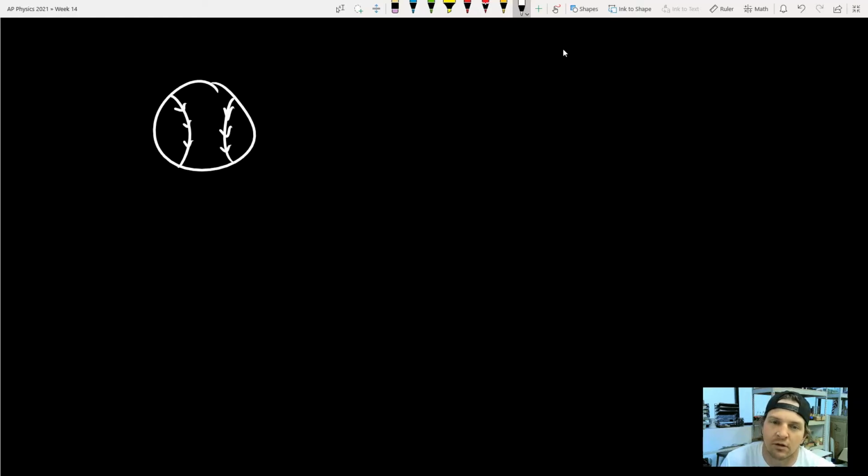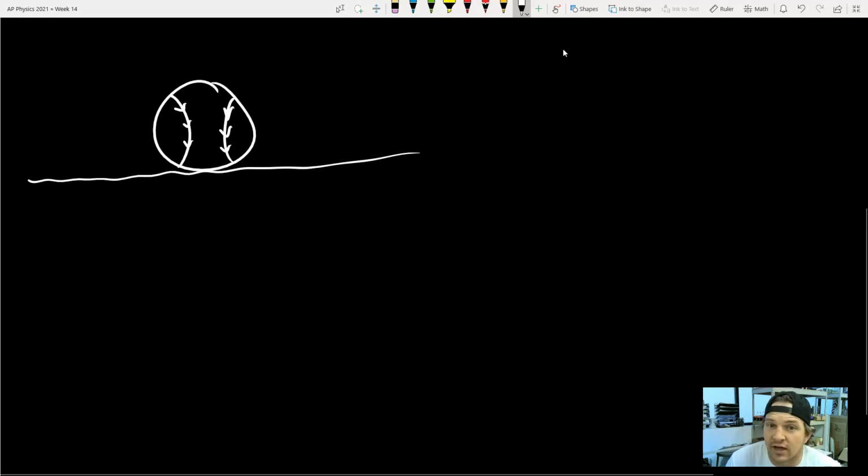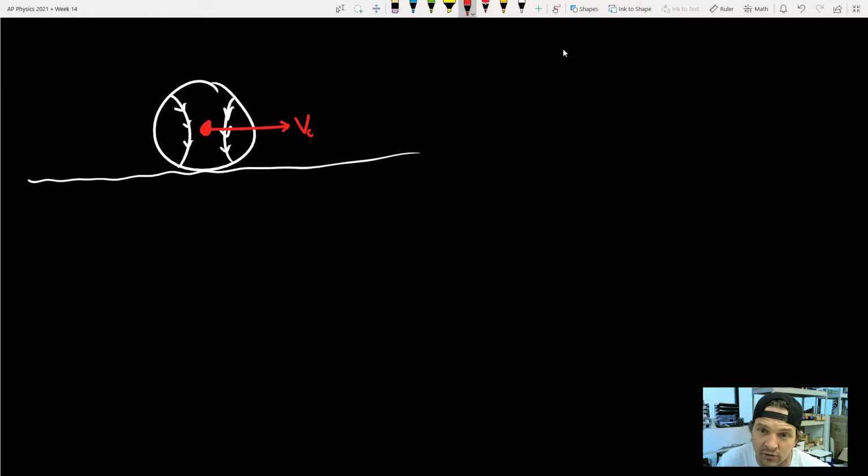If a baseball is rolling across the ground, that tells us that its center of mass is moving to the right with some velocity. So that's the velocity of the center of mass. And then this thing would also be rotating with some angular velocity, right?